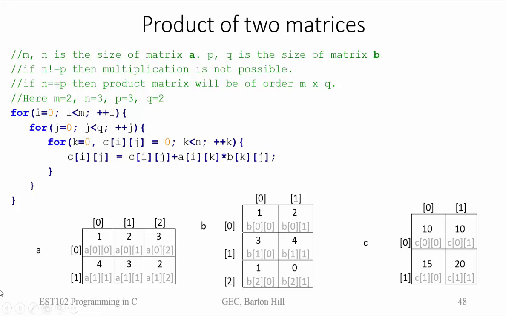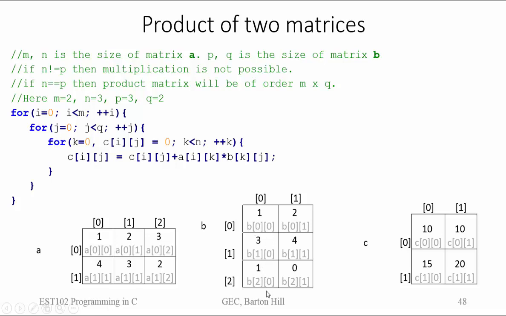This is how we will actually be finding the elements of our product matrix. Now if you observe, for finding the element at C of 0, 0, the row of matrix A always stays constant, that is 0. Here the column value changes, that is, in matrix A it traverses through all the columns in that particular row. And in B, it traverses through all the elements in column 0, that is B of 0, 0, B of 1, 0, B of 2, 0.